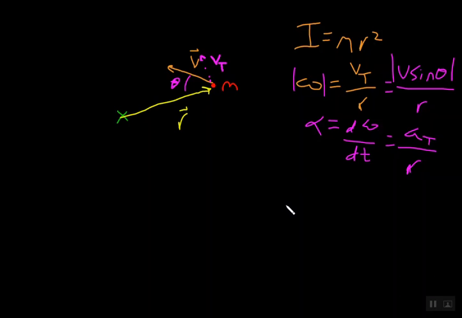So now we have the more complicated parts, which is angular momentum and torque. And so the real definition of angular momentum and torque, and I'll give it in its vector form now, is angular momentum is equal to r cross p, which is a new type of product.